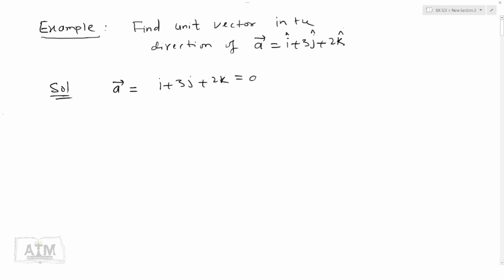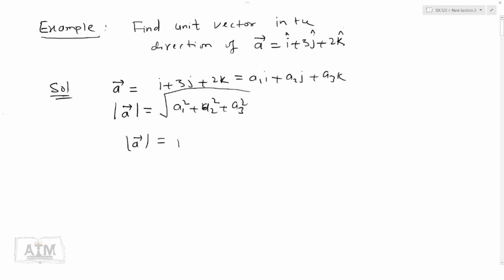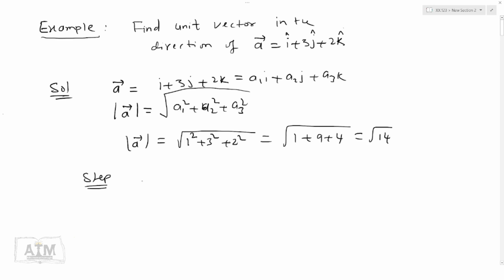Then comparing it with A1 i plus A2 j plus A3 k, we find the magnitude of vector A, which equals the square root of A1 squared plus A2 squared plus A3 squared. So the magnitude of vector A equals the square root of 1 squared plus 3 squared plus 2 squared, which equals the square root of 1 plus 9 plus 4, which equals the square root of 14.